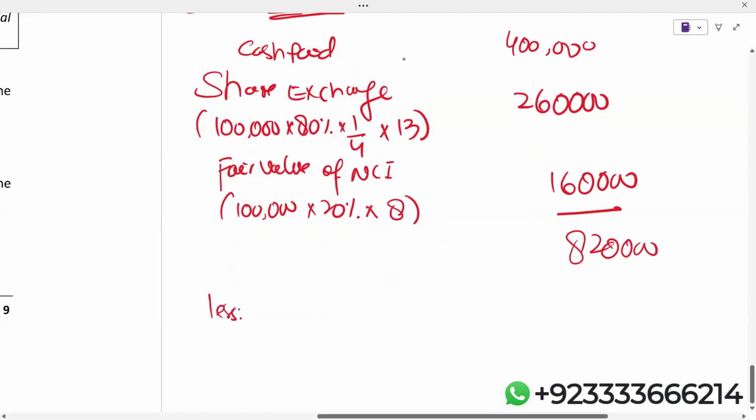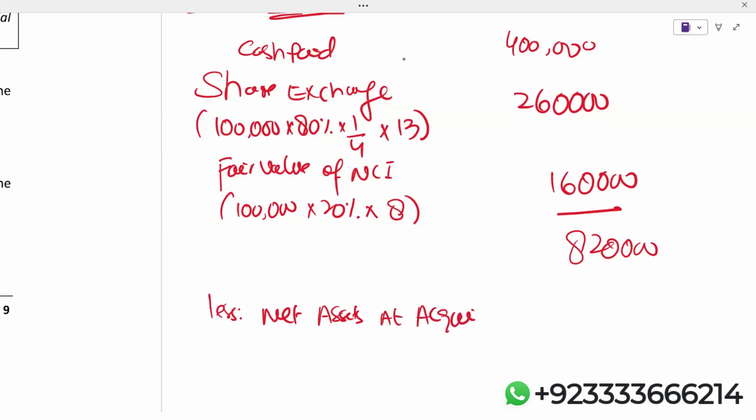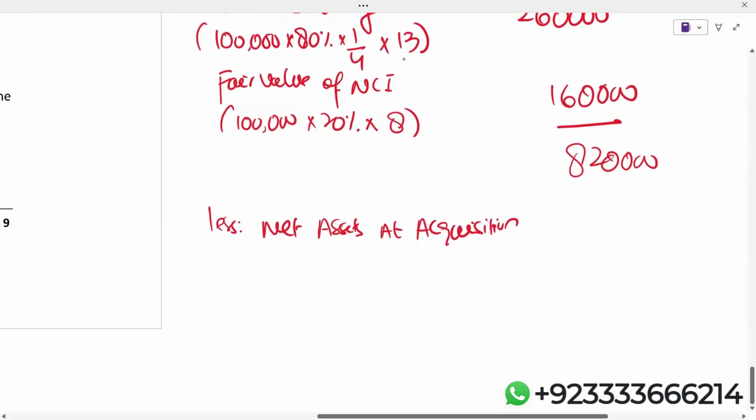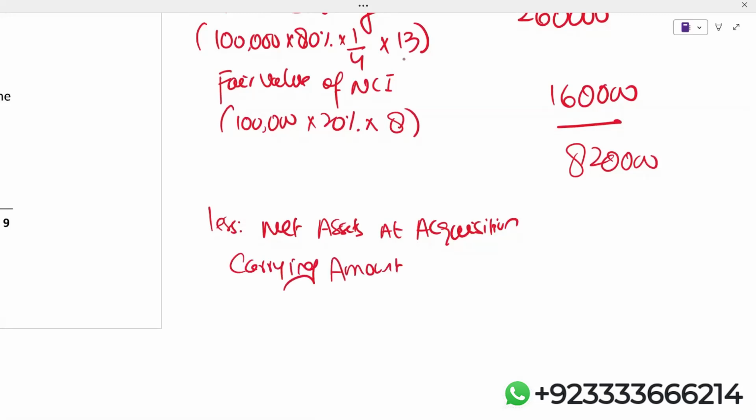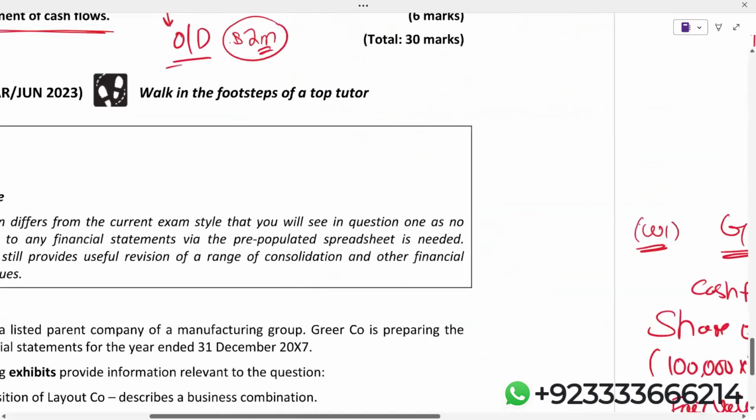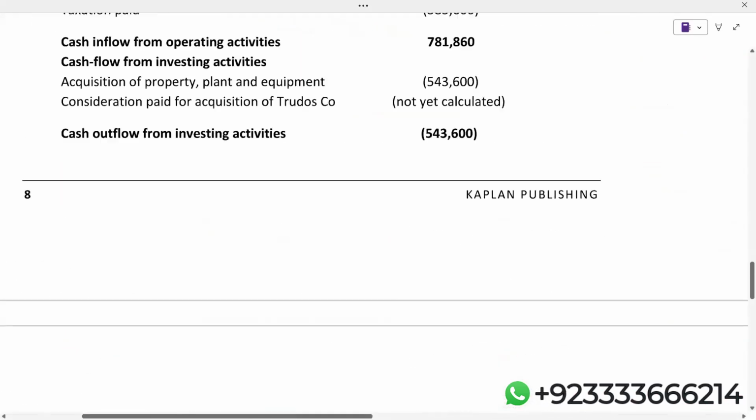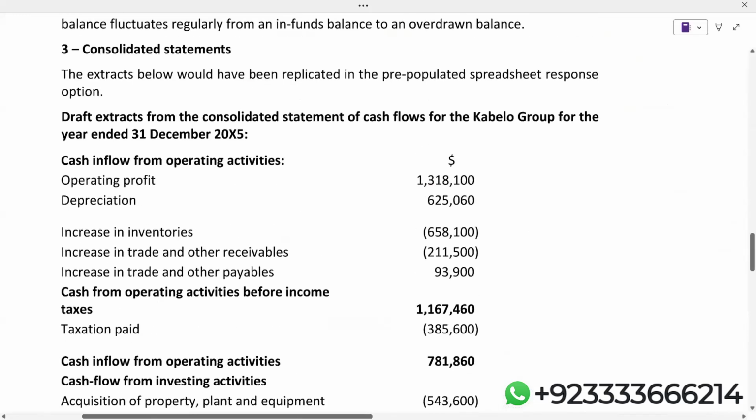Simply less net assets at acquisition. They have already given us the carrying amount of net assets. Carrying amount, the examiner has given us the carrying amount.